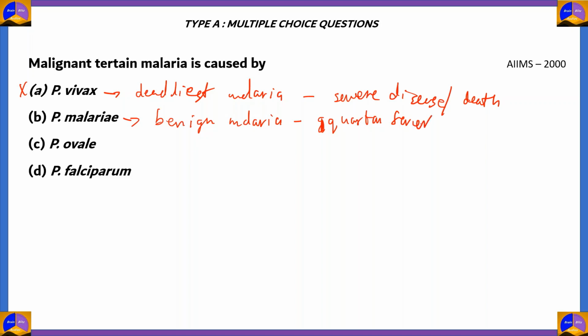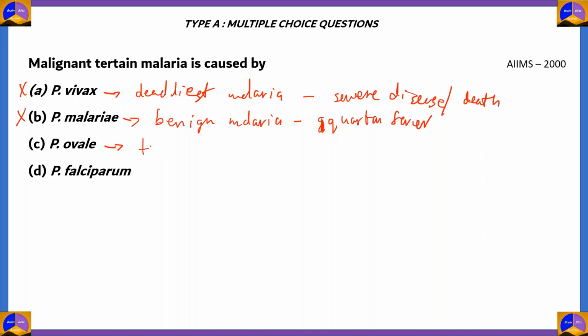So fever occurs in a person after an interval of 3 days. If today someone has fever, then 3 days later, they will have the fever again. But in the middle, there won't be any fever. This is known as quartan fever, and it is caused by Plasmodium malariae. Option B is incorrect.